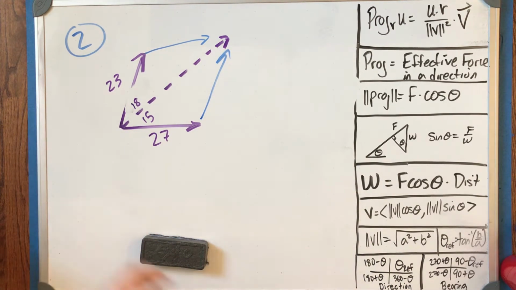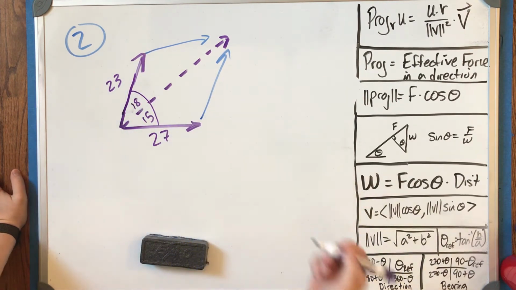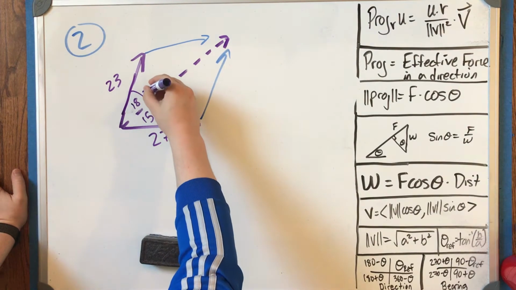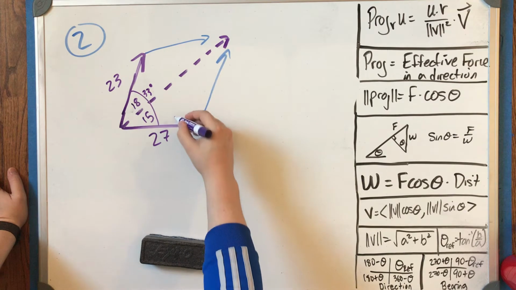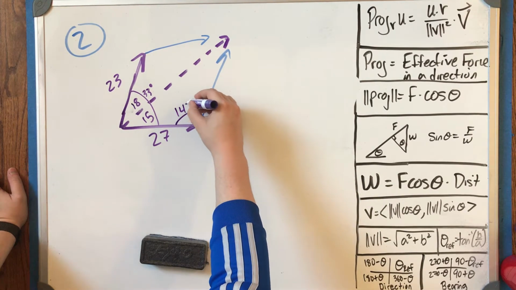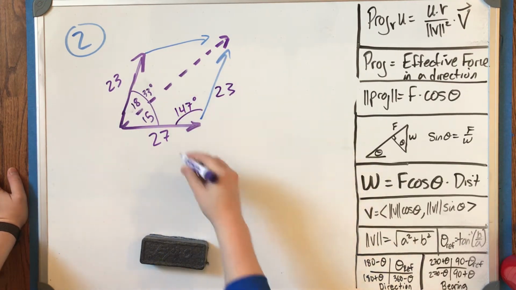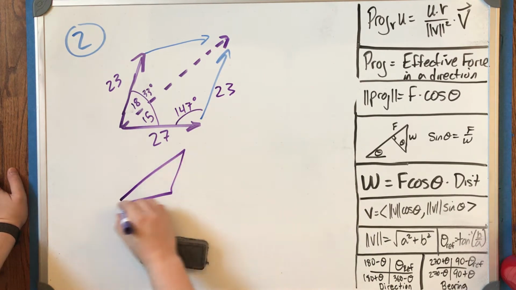And the reason that this is useful for us is that we know that if we add these together, we're going to get 33 or something like that, maybe? I don't know. I'm doing this without a calculator right now. We get 33. We could figure out what this side is over here, so that's going to be like 147, maybe? I don't know. That's 23, that's 23. And we now have a big old triangle right here.